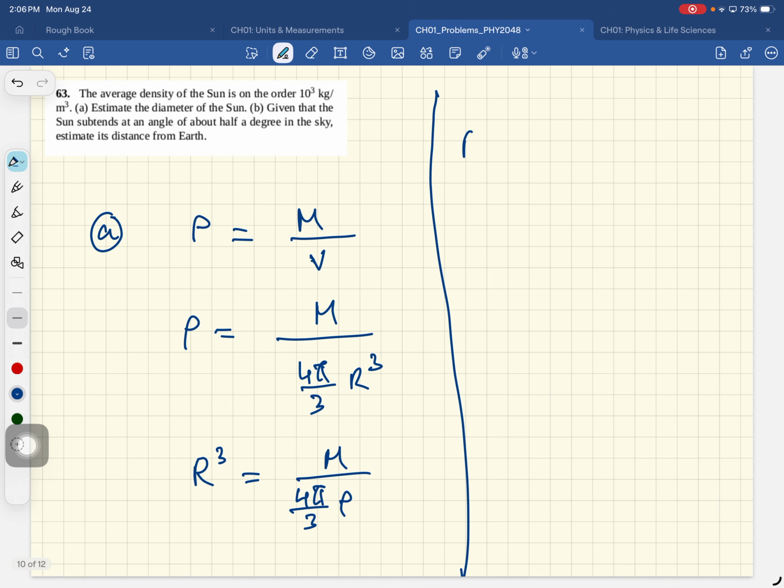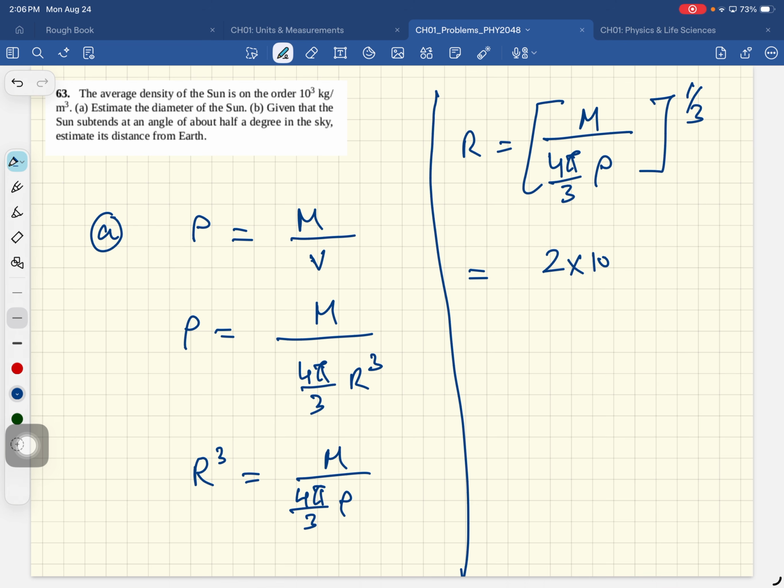The diameter was 1.56 into 10 to the power of 6 kilometers, and 0.5 degrees, it's pi radians divided by 180 degrees. So, okay. So that's the conversion.